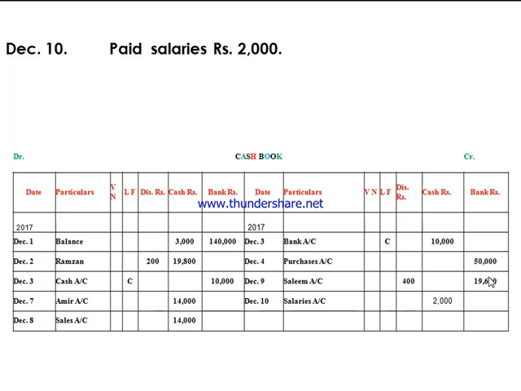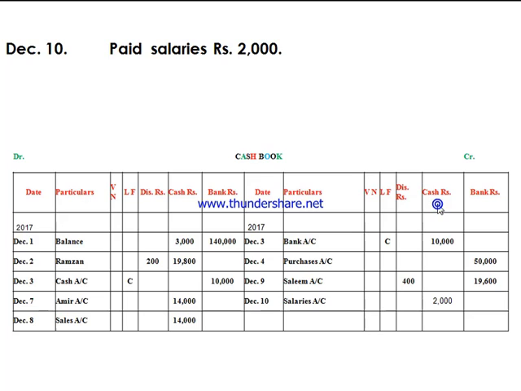Next is December 10, paid salaries, another payment transaction. So it will be recorded on the credit side of the cash book. Go to the credit side or the payment side. This is our payment side. So on the next available row, write down the date, December 10.